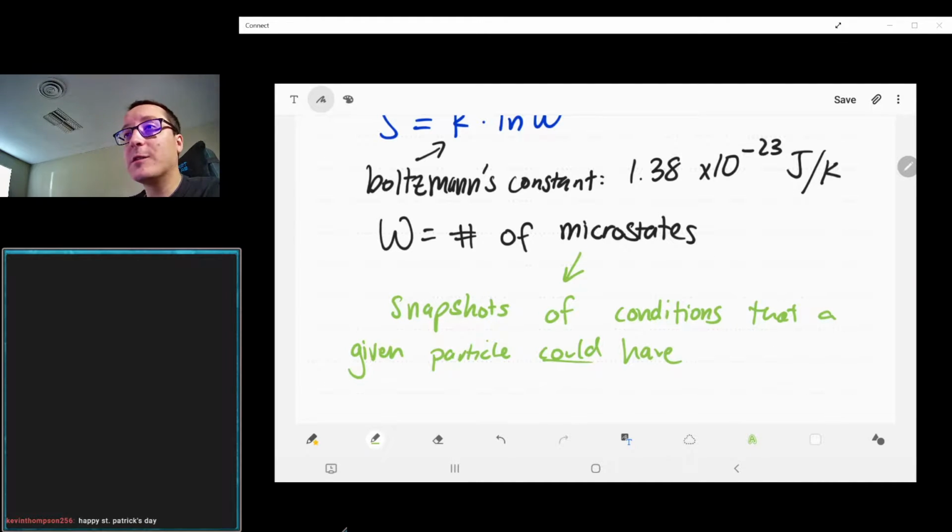And that can be all sorts of things. That could be position, that could be vibrational state, rotational state, just how quickly it's moving. All of these things are conditions.